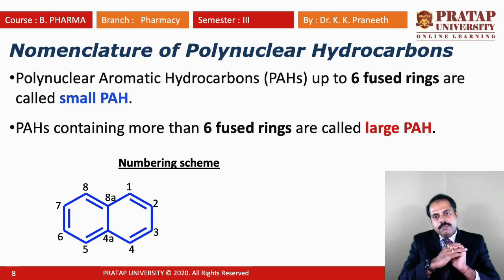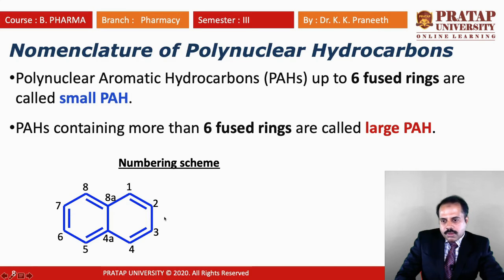But in the case of naphthalene, which has 2 fused rings, we have a special numbering scheme for polynuclear hydrocarbons. In the structure of naphthalene, the numbering starts from here. 1 is this carbon, the second carbon is here, then third, fourth, and the fifth goes to the next benzene ring, 5, 6, 7, 8.